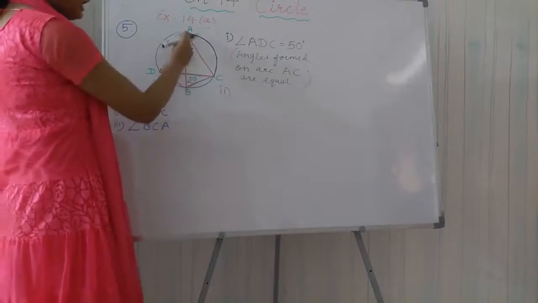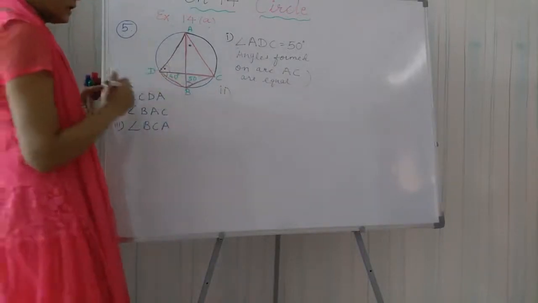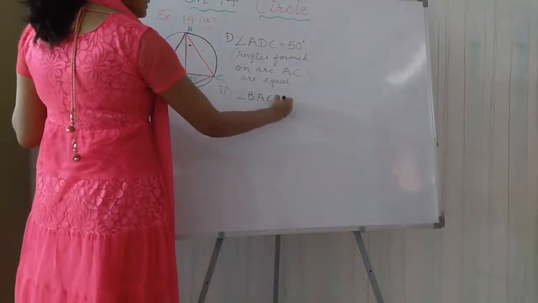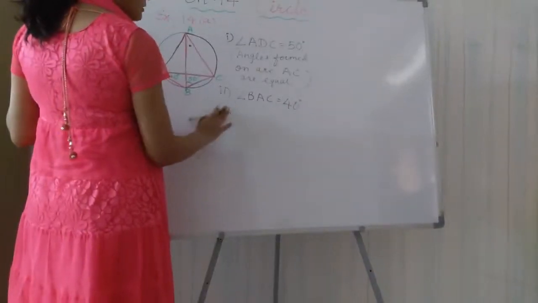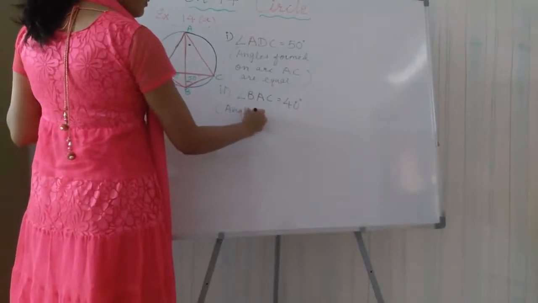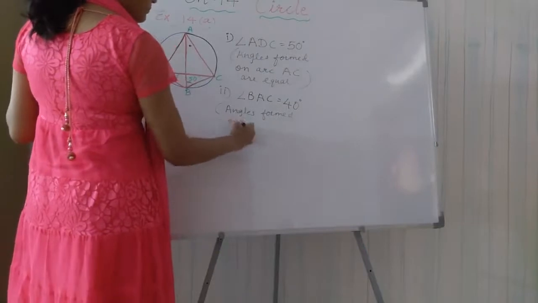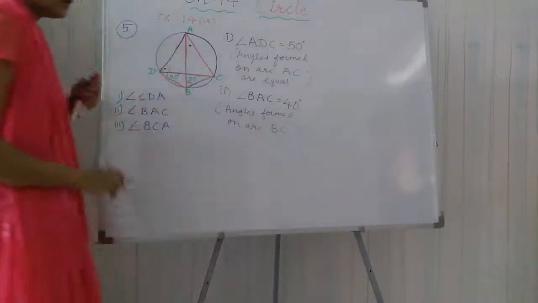One is BAC and the other is BDC. So they are equal in measure. So we write angle BAC is equal to 40 degrees. Again the same reason: angles formed on arc BC at the circumference.